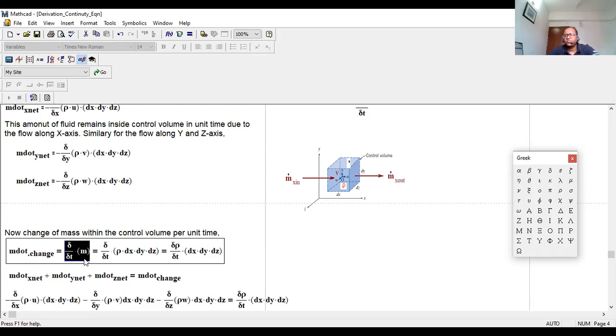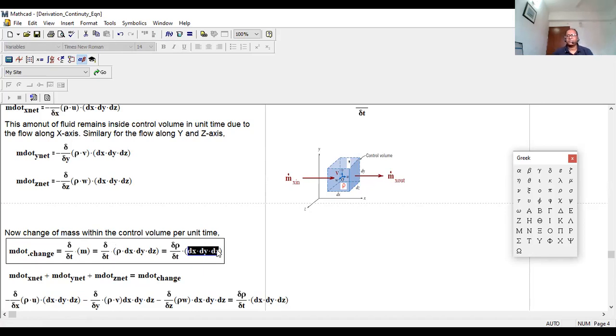Volume into density. So this is the volume and this is the density. Volume is not changing with respect to time, only density is changing. So this one I can write down as del rho by del t into volume.